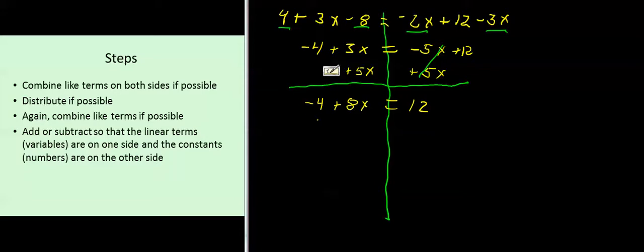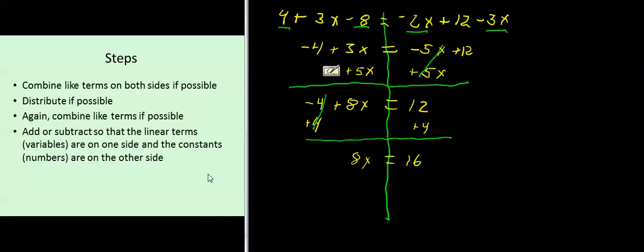Now I'm going to add positive 4 to both sides. Why positive 4? Because negative 4 and positive 4 cancel, and that's what I want. Draw my line again because I'm adding, and I end up with 8x equals 16.